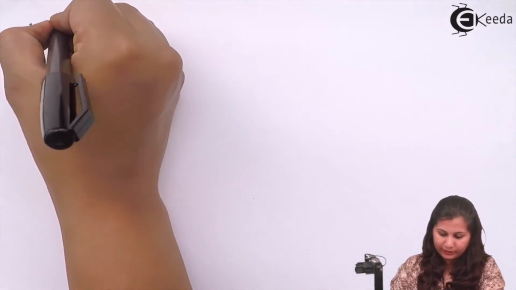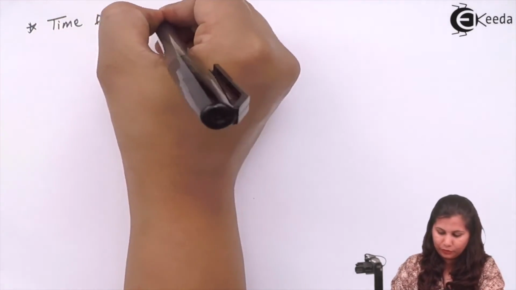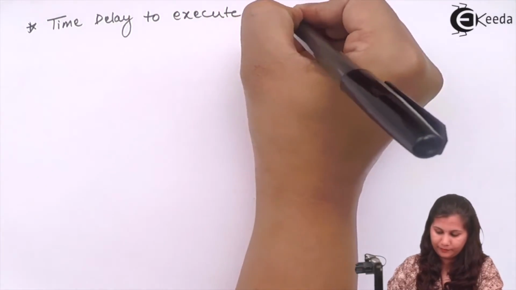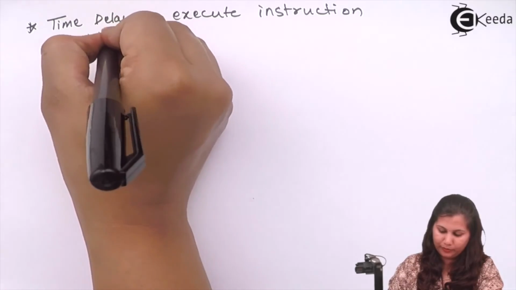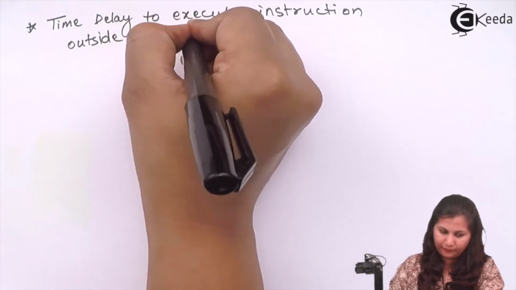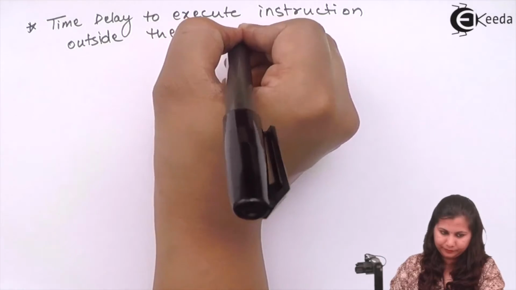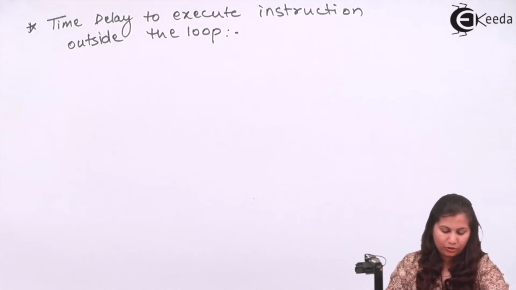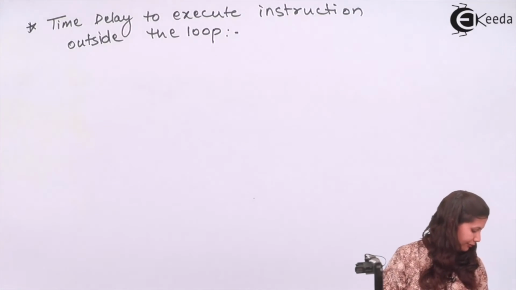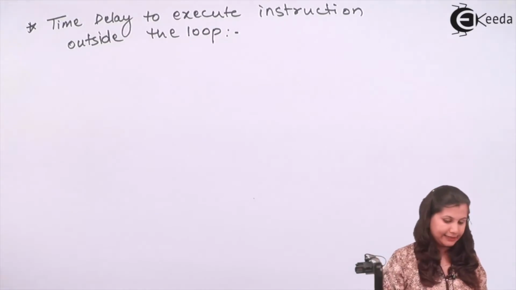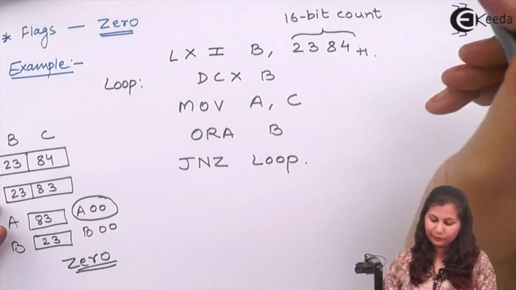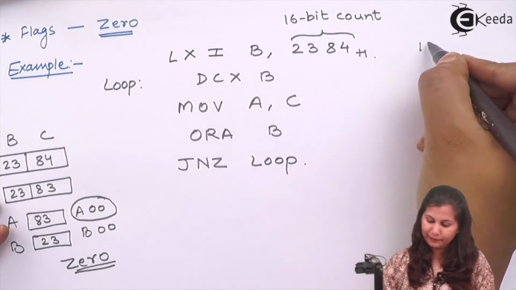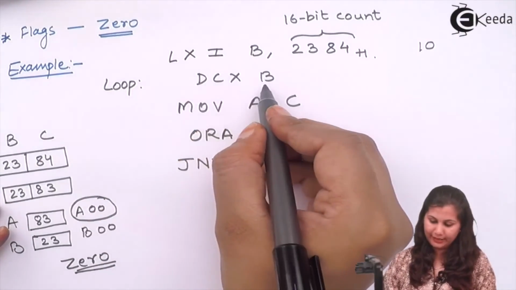So we have to calculate the time delay to execute the instructions which are outside the loop. Outside the loop we have LXI B, 2384. First we will calculate the T states. LXI B will require 10 T states.